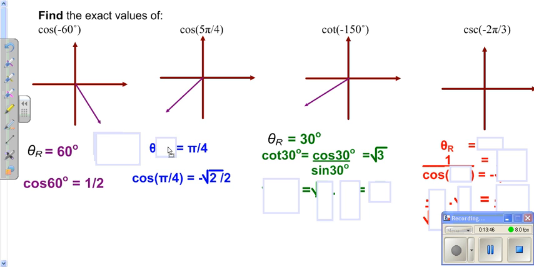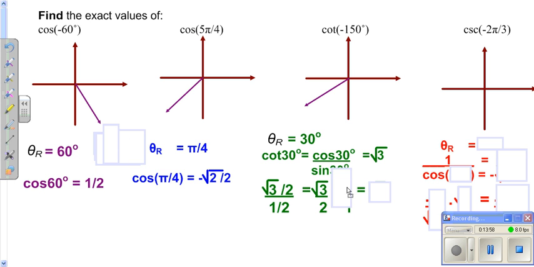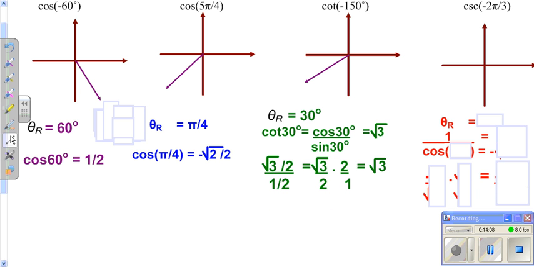And so then you end up getting root 3. Now, if you did it this way, you know the cosine of 30 is root 3 over 2. Sine of 30 is 1/2. You have a fraction on top divided by a fraction, so you multiply by the reciprocal of the bottom. The 2's drop, leaving you with just a root 3. And in this case, both the sine and cosine are negative, leaving you with a positive answer.